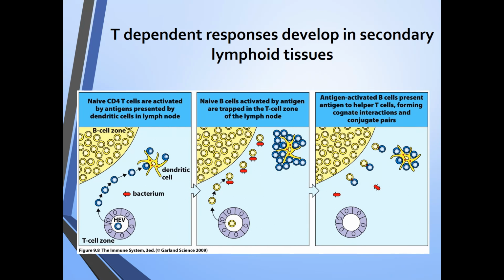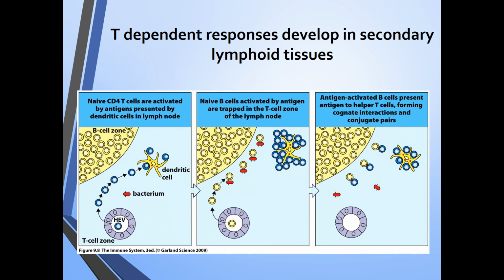So a T cell wanders in from the circulation, crosses into the lymph node through the high endothelial venules, the HEV. When it gets in there, it'll go around looking for antigen-presenting cells, and if it sees one, the T cells can get activated. So you now have activated T cells there in the lymph node.